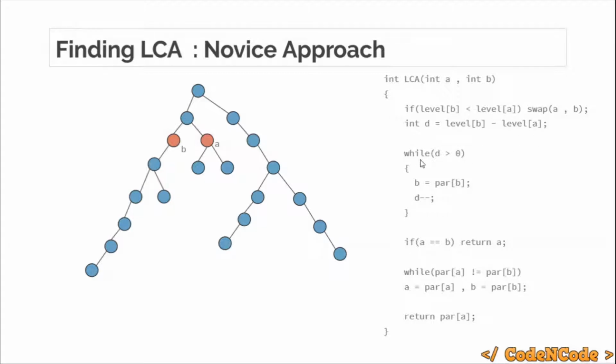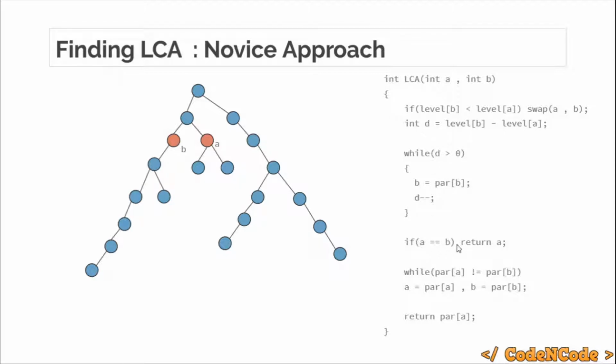And while d is greater than 0, that is while there is a difference between their levels, we would lift up b to b equals parent of b, and then decrement the difference between their levels till d is greater than 0.